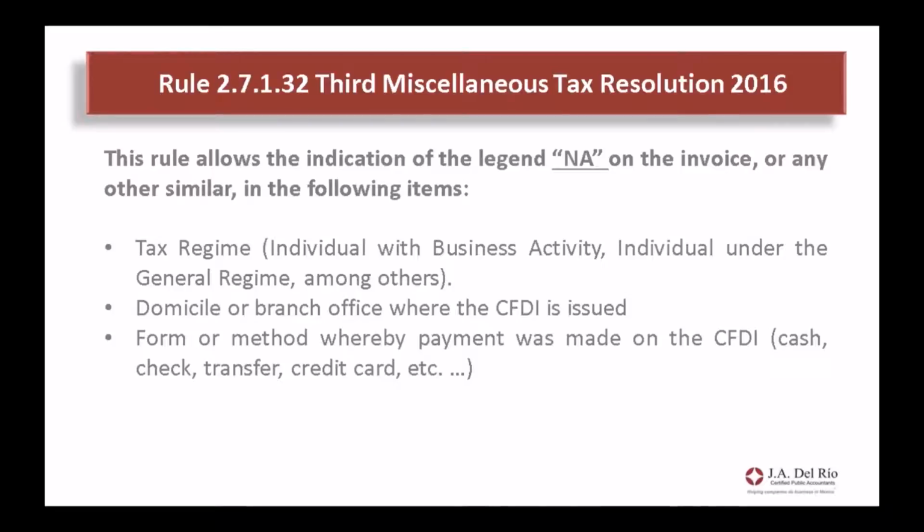simplification alternative for taxpayers. Certainly, for item 1 and 2, tax regime and domicile or branch office, it definitely is a simplification rule. However, we are going to see that for item 3, form or method of payment, while it is a simplification alternative, we're going to see a couple of exceptions and a couple of guidelines that need to be considered.